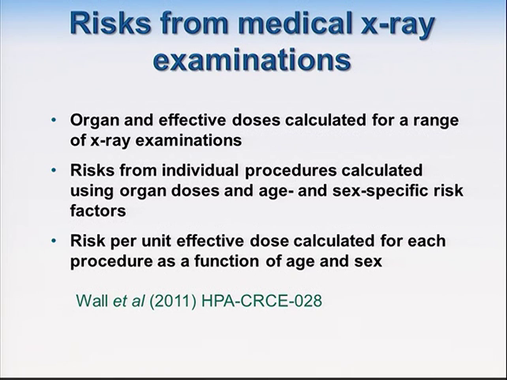What they did was look at organ doses and effective dose for a range of medical X-ray examinations, and they then calculated the risk from the different procedures using the organ doses and age and sex specific risk factors, using those Euro-American risk data that I showed, and then express that risk per unit effective dose for each of the procedures.